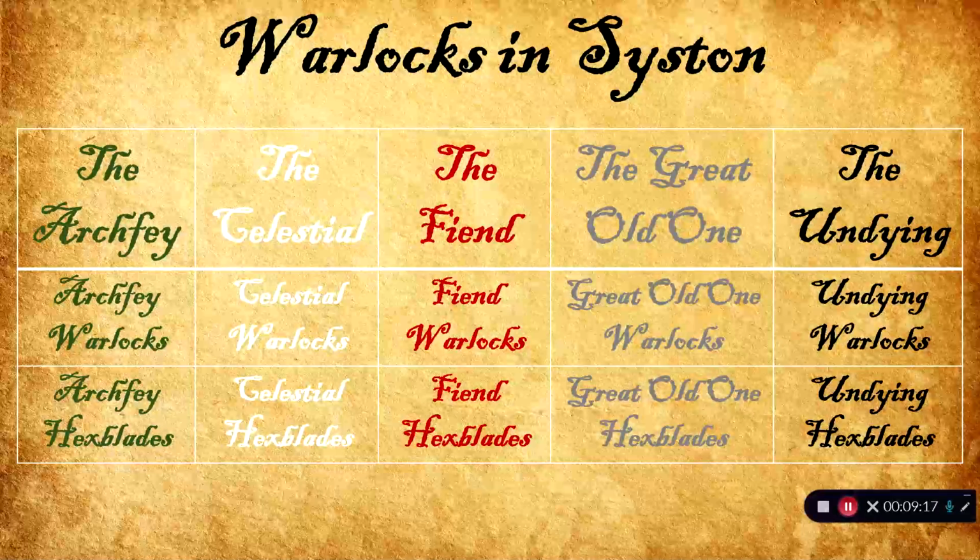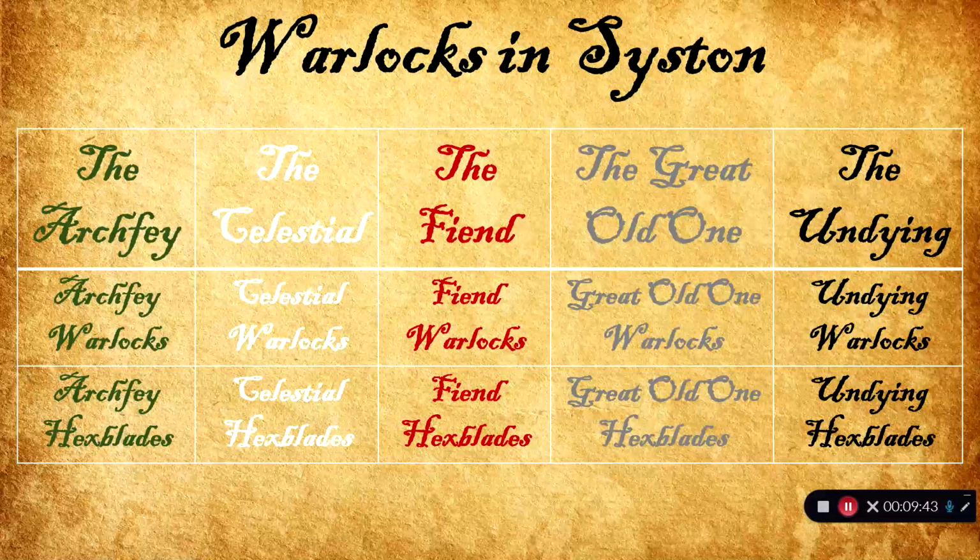So you will find warlocks and hexblades for each of the other five major groupings. So you'll have, as you see, warlocks and hexblades for the Archfey, warlocks and hexblades for the Celestial, warlocks and hexblades for the Fiend, and so on. None of the rules change, but this to me makes more logical sense.